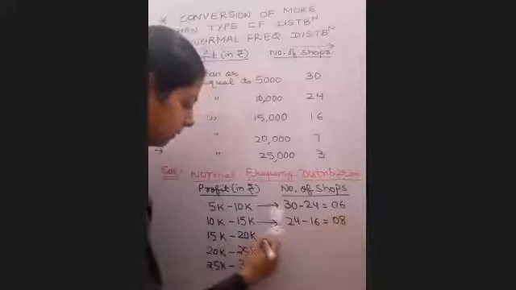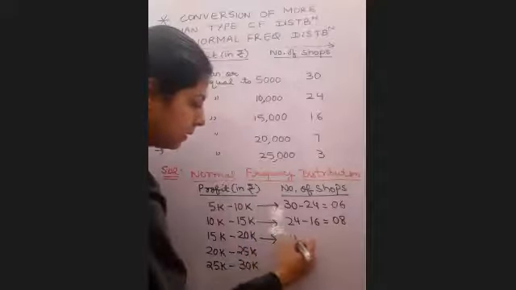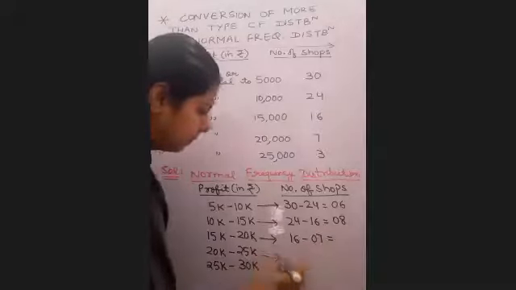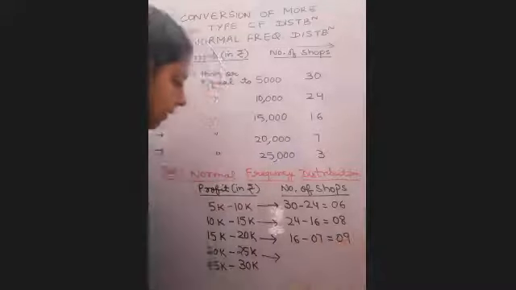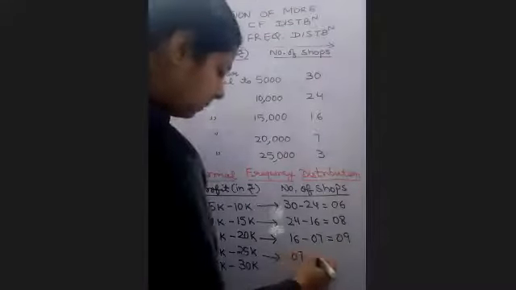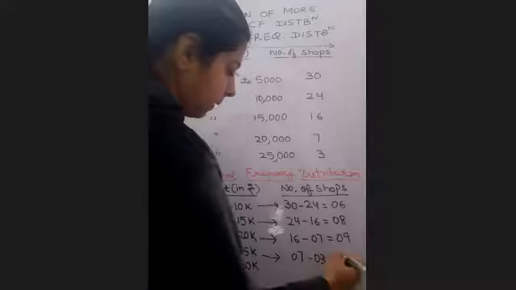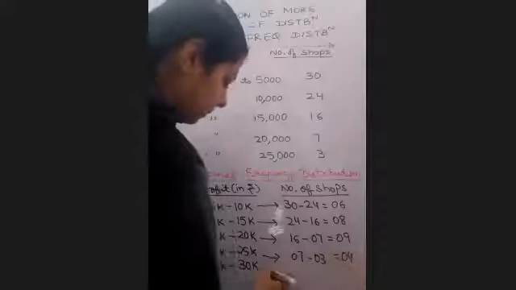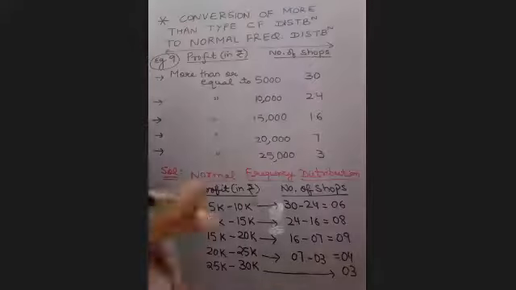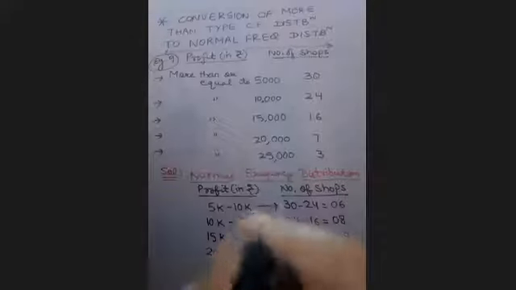Then 16 minus 7, 9. And then 7 minus 3, 4. And the last one is obviously 3.